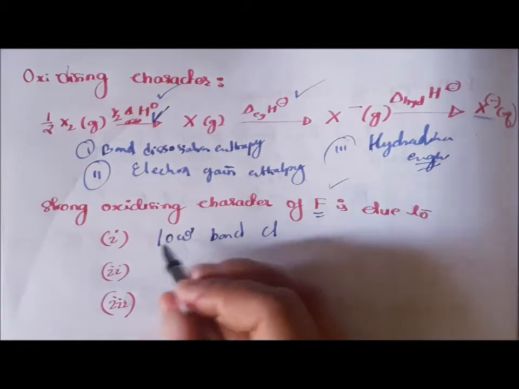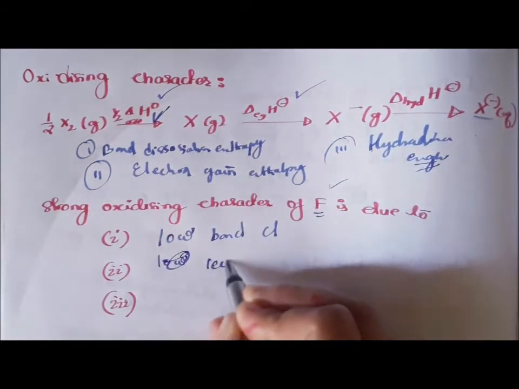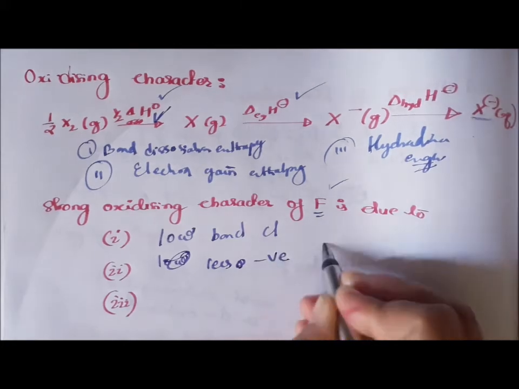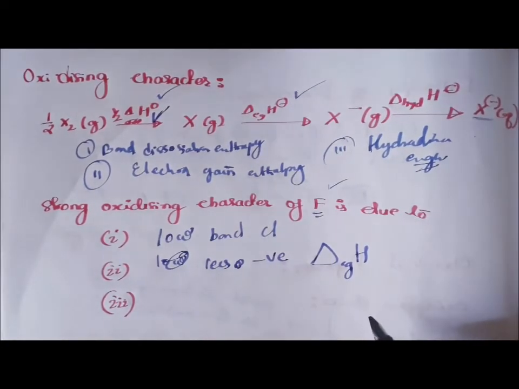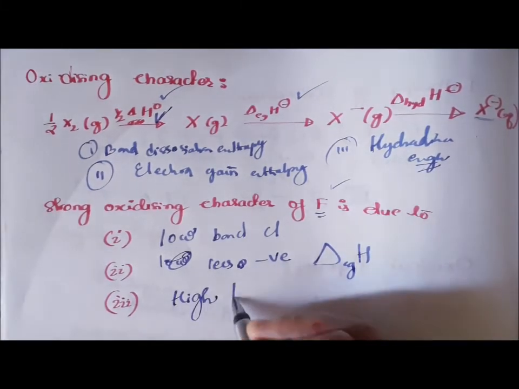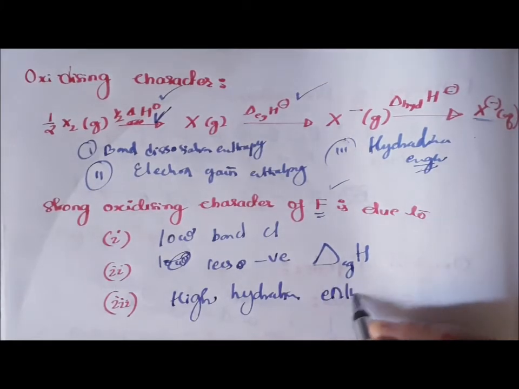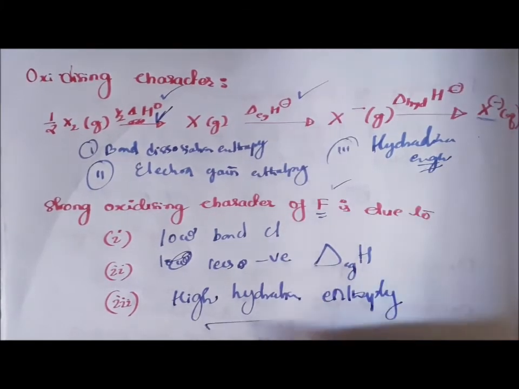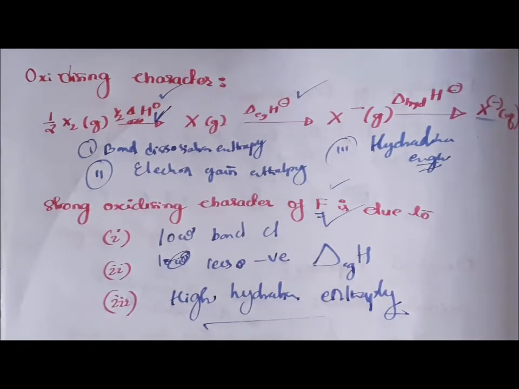Again we know that it has a less negative electron gain enthalpy compared to that of chlorine. But it has high hydration enthalpy. Because of this, fluorine is the most oxidizing in nature.